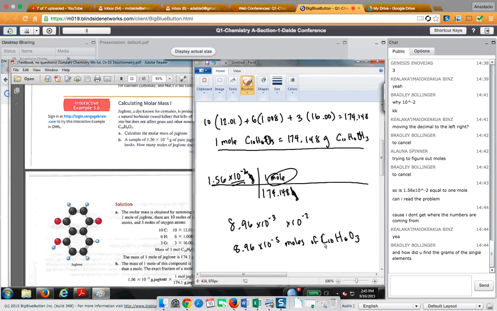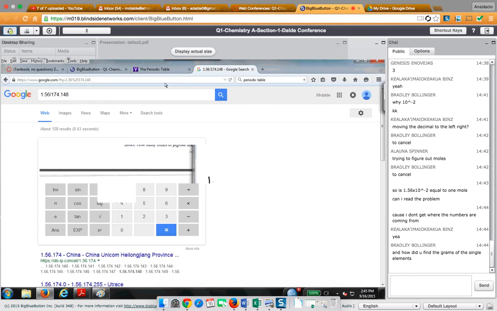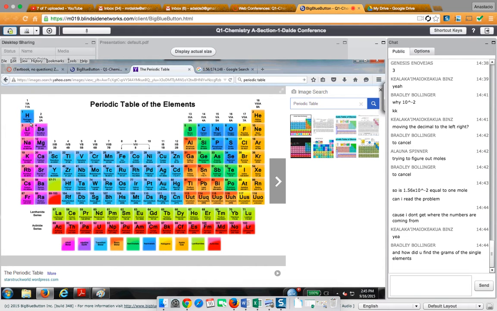How do you find the grams of a single element? Okay, Bradley, to find the grams of any single element, I look at the periodic table. The number on the very bottom, it's hard to see, but when you look it up on your periodic table, you'll be able to see it fine.